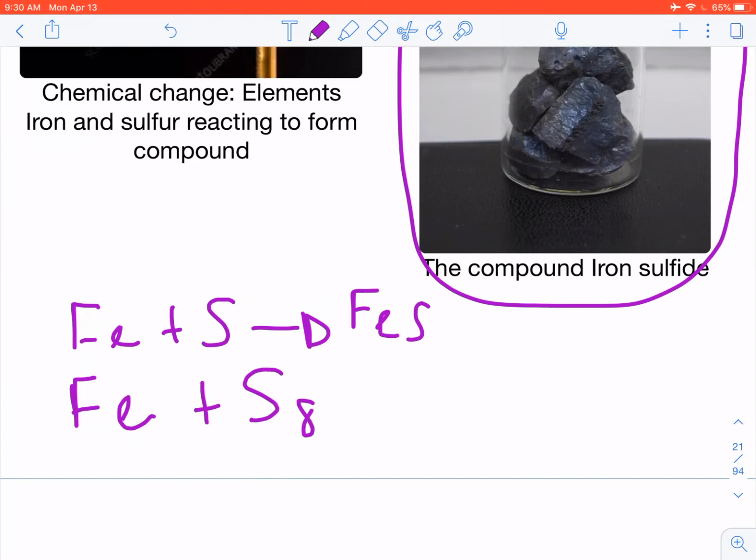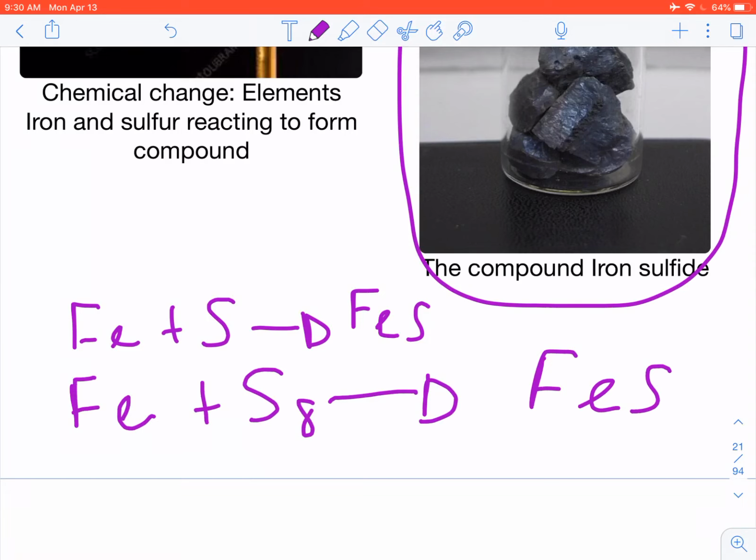Sulfur doesn't exist as S. It's like when we have our diatomic molecules, they exist as Cl2, Br2, I2, and then this gives us FeS.